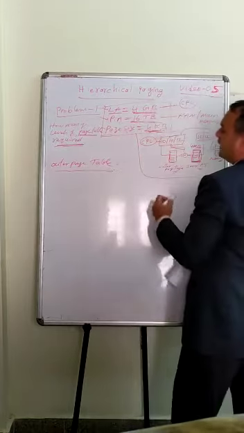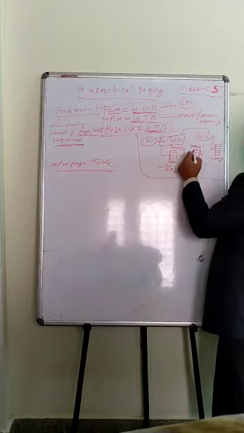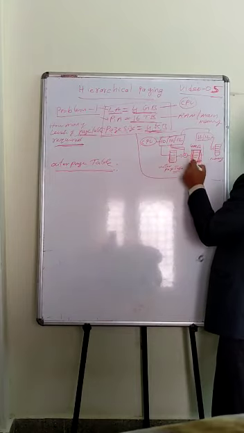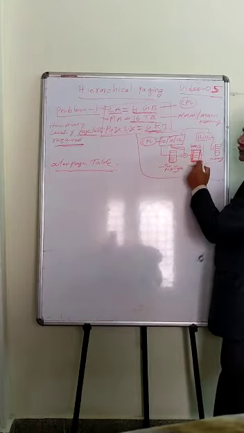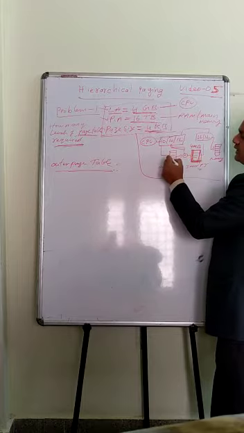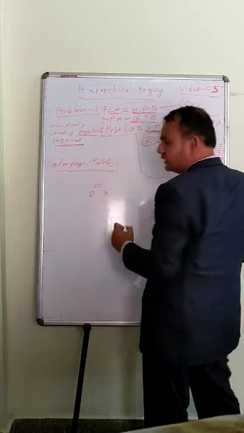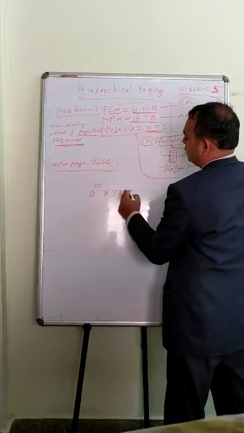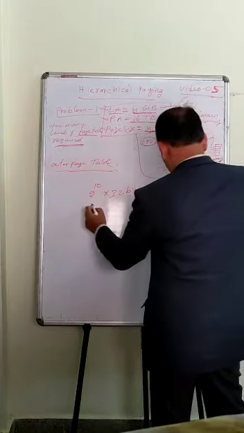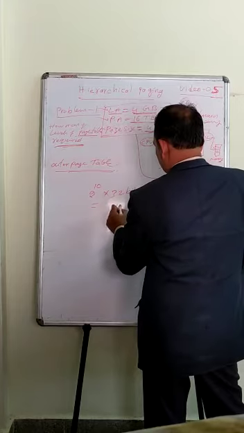Outer page table has how many entries? Of inner page table 2 power 10. These 2 power 10 are stored in outer. So 2 power 10 into each location of 32 bits is equal to 4 KB.